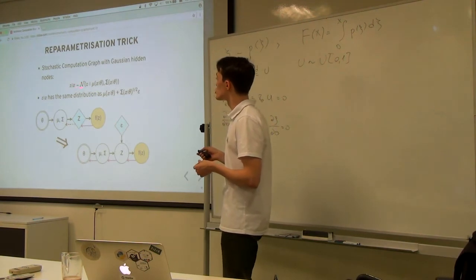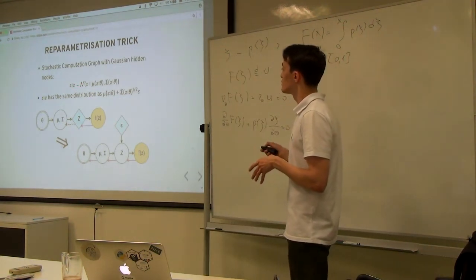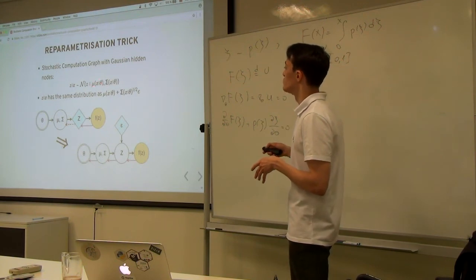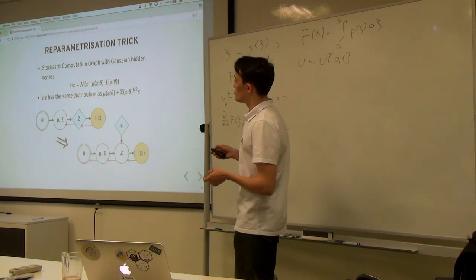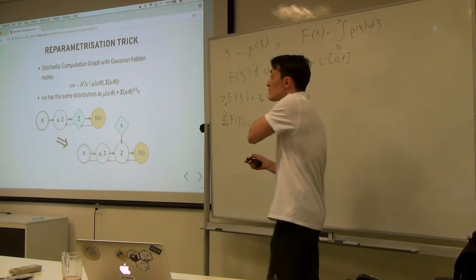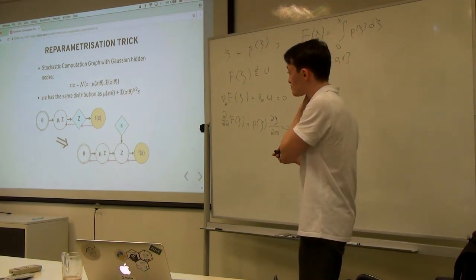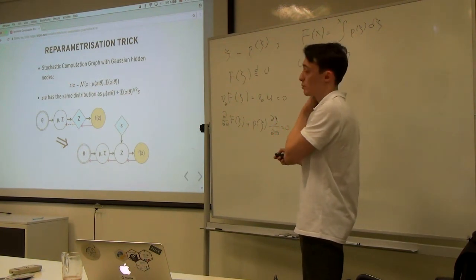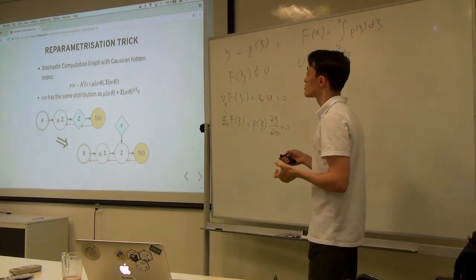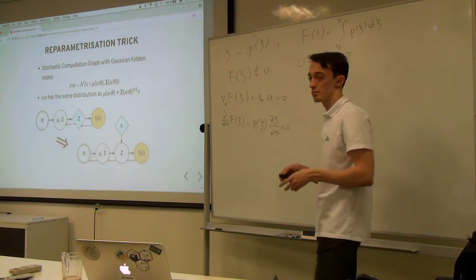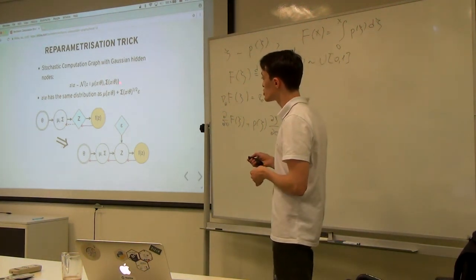If you have some Gaussian random variable z that is distributed with some given mean and variance, it can be noticed that this random variable has the same distribution as the following. You can sample some independent random noise, scale it by the square root of your covariance. This is the matrix square root, not pointwise. And then just shift it by the mean.